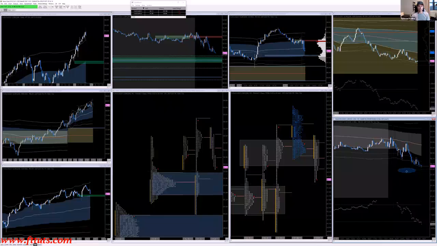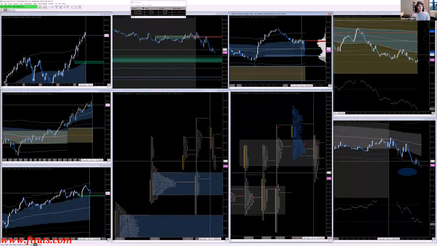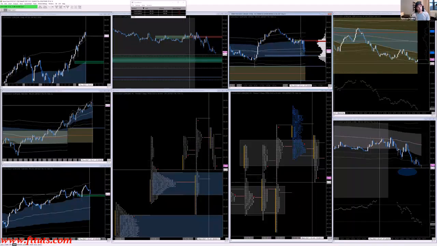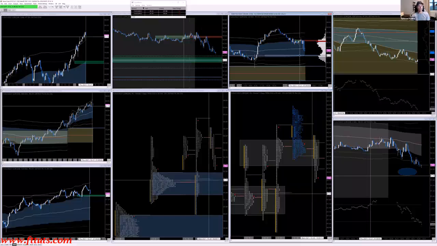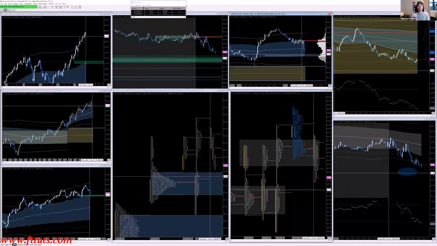Anyways, let's make it wider. So not only is this pushing into the CVA high, not only is it pushing into monthly development value high, it's pushing into weekly development low, which I think I failed to mention thus far.